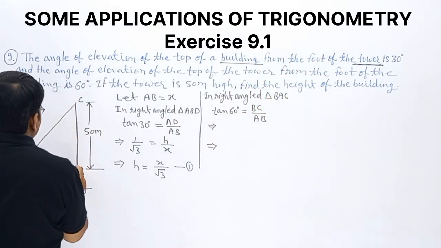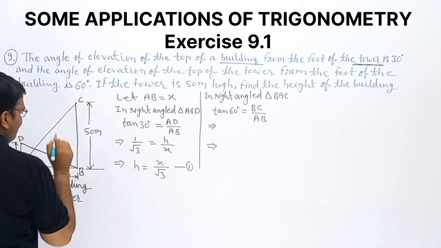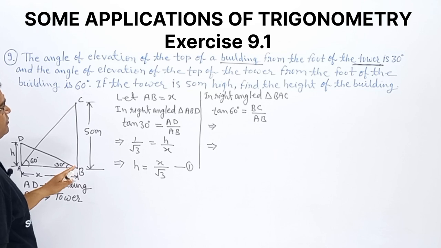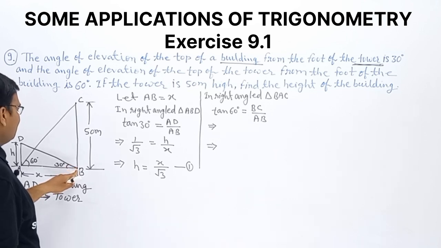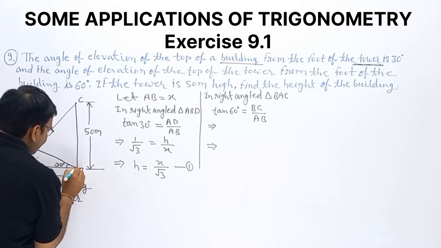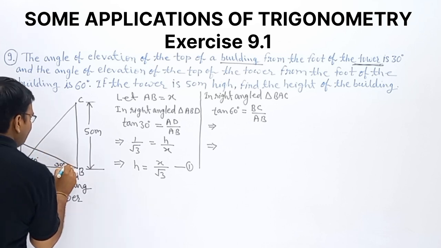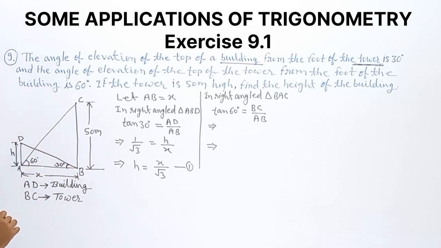This is the tower, the tower top is this point, and its foot is point B. From the foot of the tower, the angle of elevation of the top of the building is 30 degrees. It is given in the question.